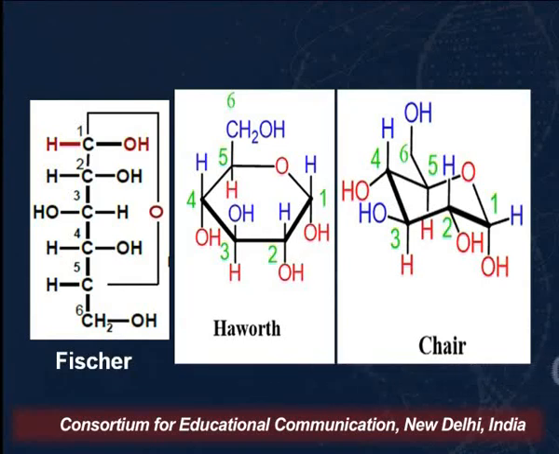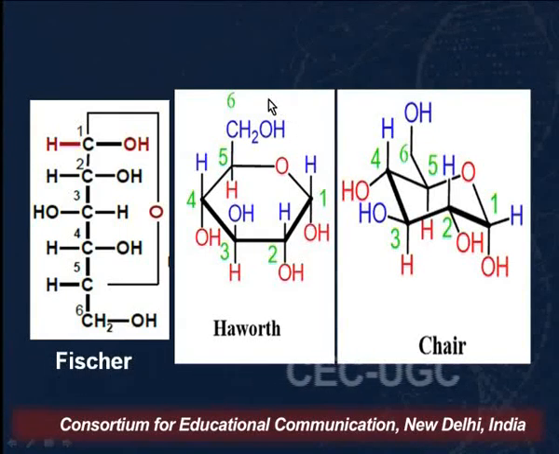Now we have to convert this Fischer projection into Haworth projection. What you have to remember is that in Haworth projection, this first carbon is the anomeric carbon. You know this is the anomeric carbon because this carbon is attached to two oxygens. So at the anomeric carbon, the OH will be pointing down.